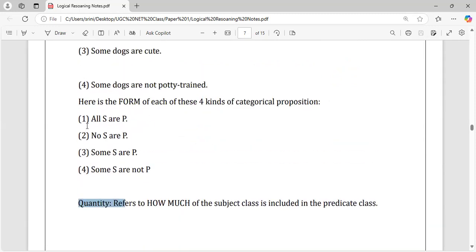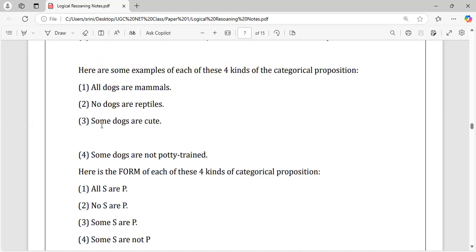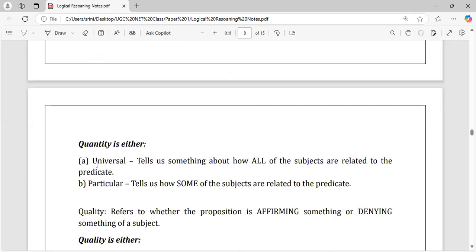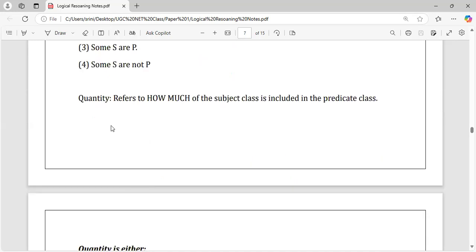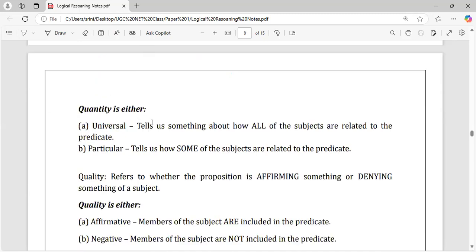Quantity here is all, no, some. Quantity refers to how much of the subject class is included in the predicate class. Here the subject is S and the predicate is P. Quantity is either universal or particular. Universal tells us how all the subjects are related to the predicate.